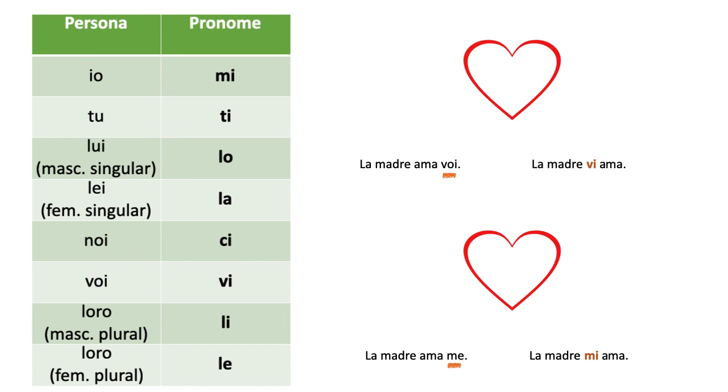What you need to do with those 5 sentences is rewrite them, changing the direct object for the correct pronoun. Basically, exactly the same thing that I've been showing you how to do with these images. Okay? 5 sentences. Change the direct object for the correct direct object pronoun.